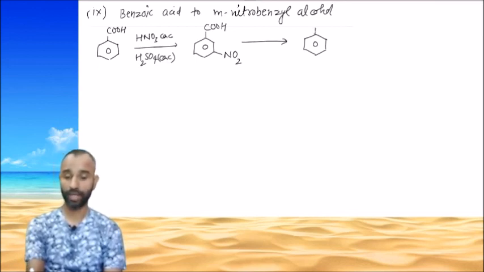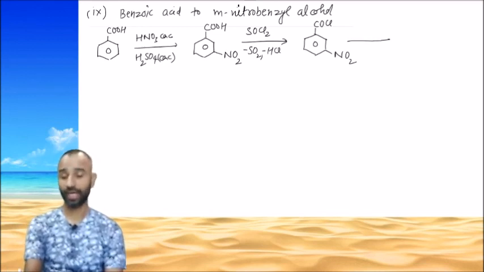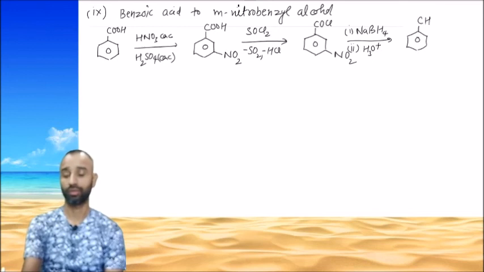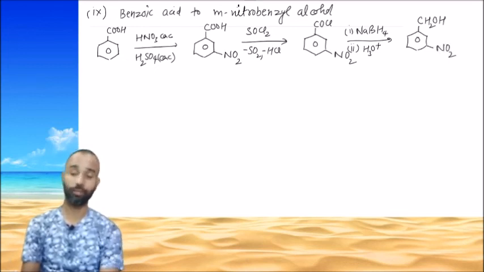That's why it is better to convert it first into COCl by using SOCl2, the best chlorinating agent, and then simply use sodium borohydride, and on acidification, we get CH2OH and NO2. So meta-nitrobenzyl alcohol can be prepared by using these reagents.